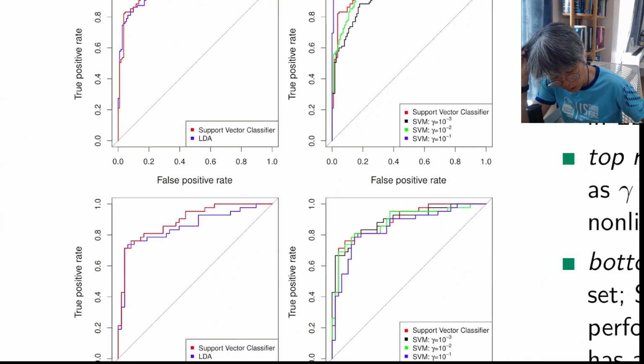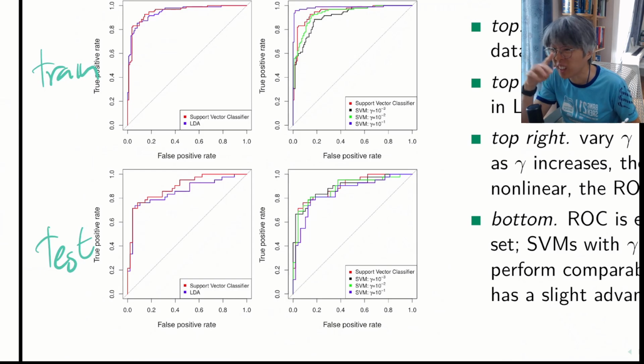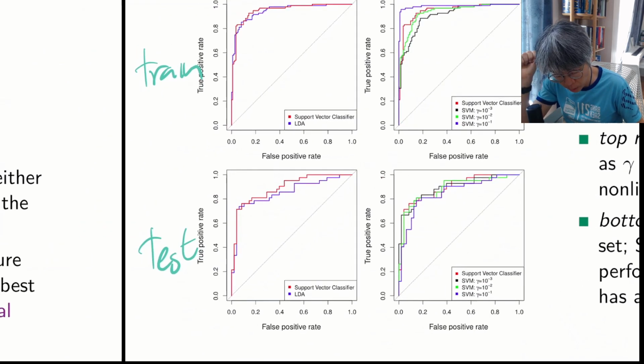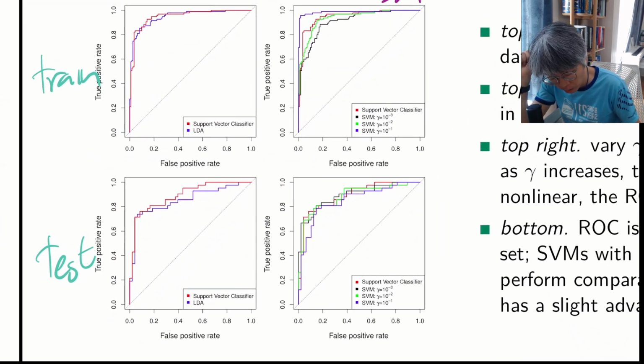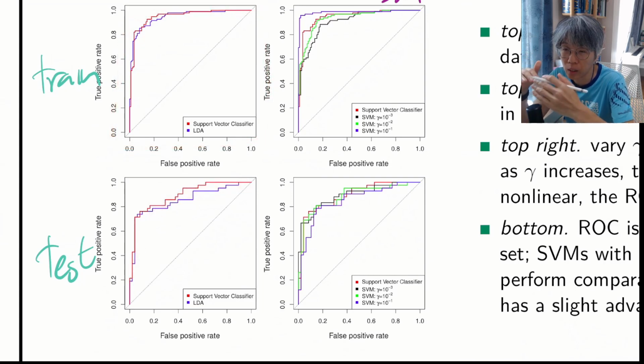Now we also need to take a look at the result from the test data. This is train, this is test. As you can see, for the first case, the ROC curve in the test case seems to be slightly worse.